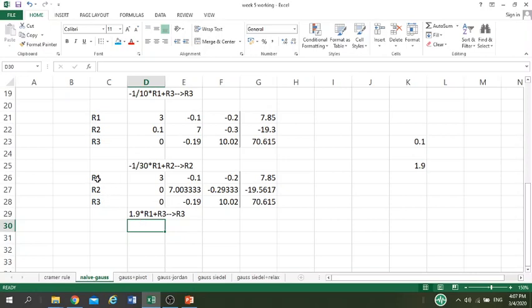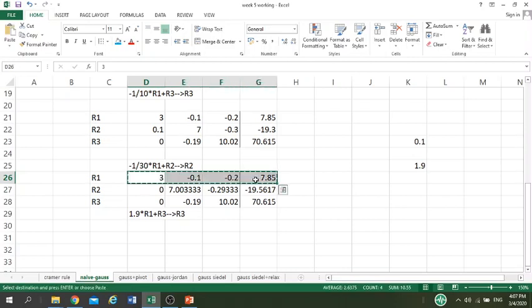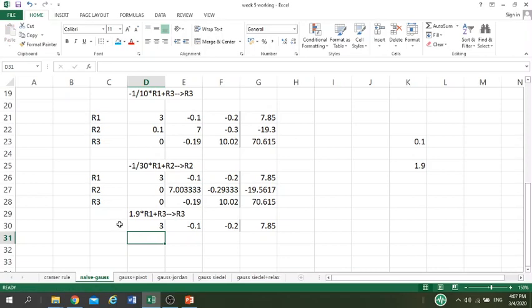Then we start off our next step. So we don't change anything for row 1. So row 1, row 2, row 3. So for here we follow.